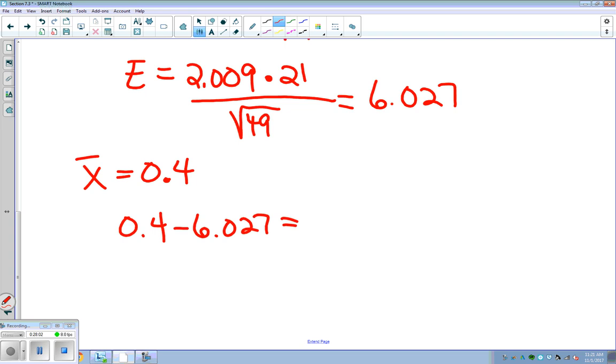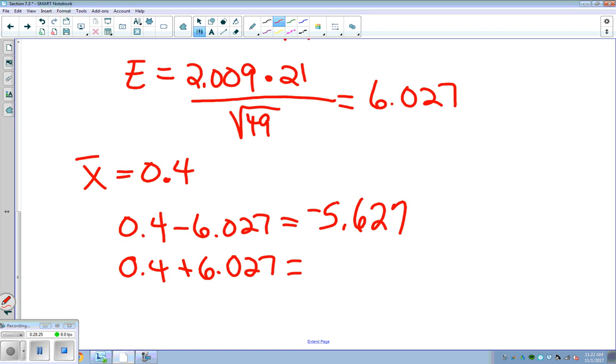A negative 5.627. And then I'm going to take my sample mean, x bar, and add the margin of error, 6.027. And when I do that, I'm going to get 6.427.